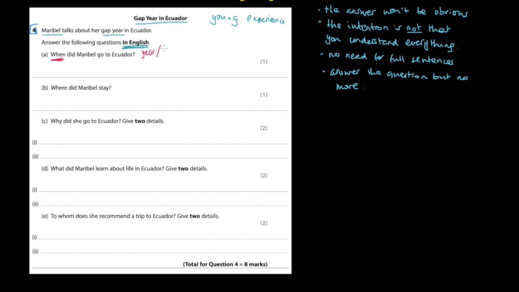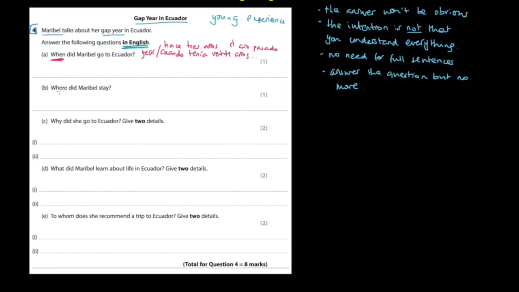I could hear "cuando tenía 20 años", when I was 20. I could hear "el año pasado" or "el verano pasado". So in my mind, I'm going to go through all these expressions of time that I know.